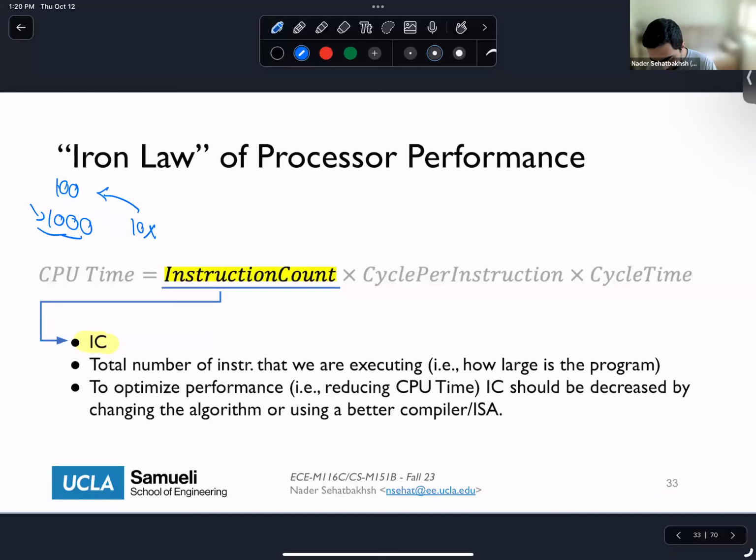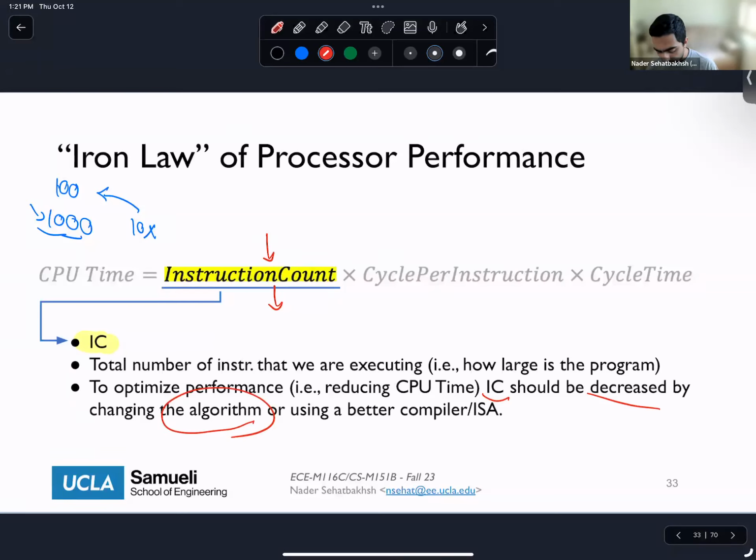So an important thing is that in order to reduce this parameter, I need to decrease this IC. How do I do that? There are two things that we can do in order to reduce IC. The first thing is that IC is basically a function of your algorithm.